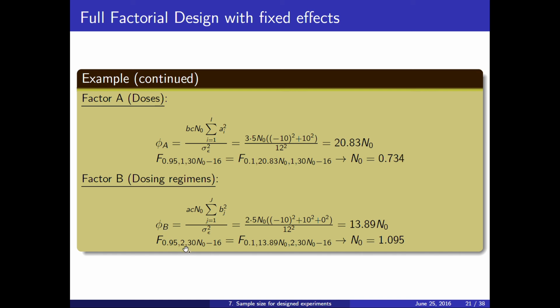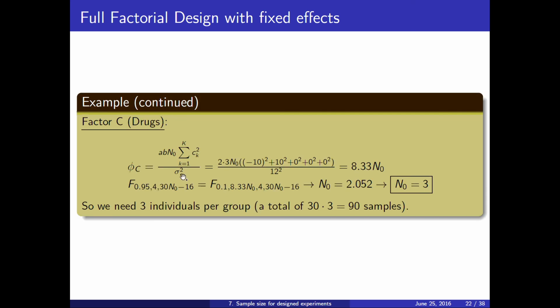Then we solve this equation, but now it is 2 degrees of freedom for the dosing regimes and these are for the noise. And then we have n0 equal to 1.0 something. So that means we will need at least 2 people per group to be able to detect these changes in the dosing regimes. And what about the drugs?